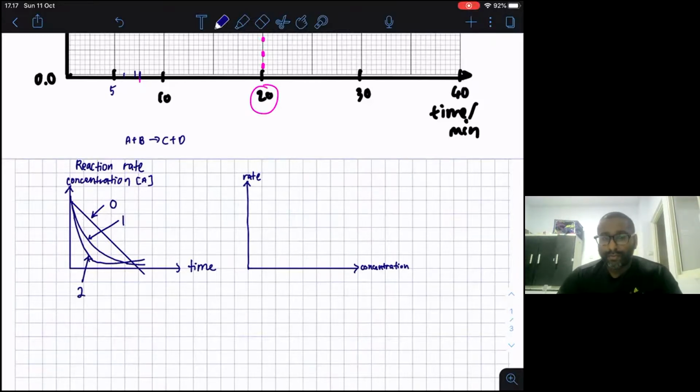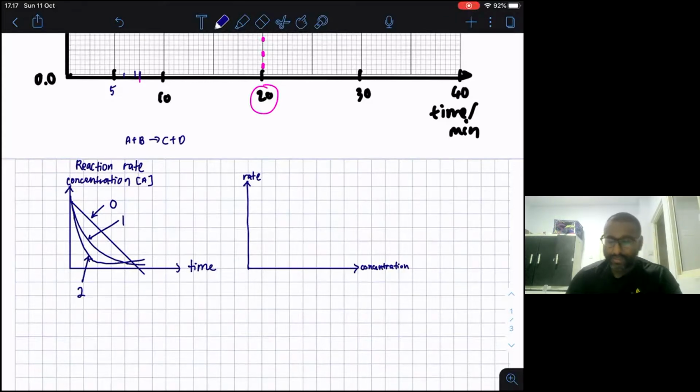So for zero order, we will have a straight line. This is because, when you look at concentration against time and calculate the gradient, for zero order the gradient is constant.